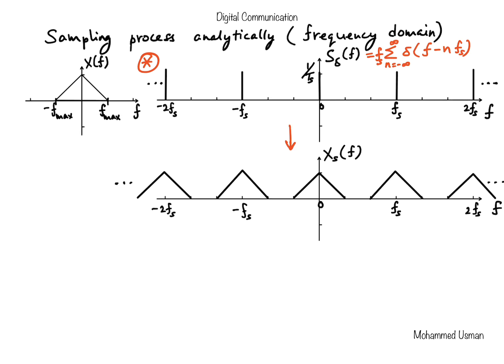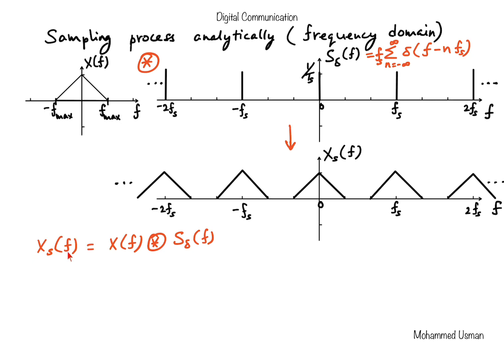So Xs of f is nothing but the convolution of the spectrum of the original signal x of f with the spectrum of the sampling function S delta of f. And by the way, I'm using the star inside the circle to denote the convolution operation.